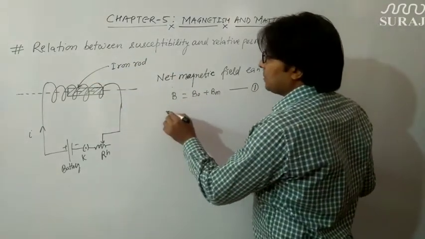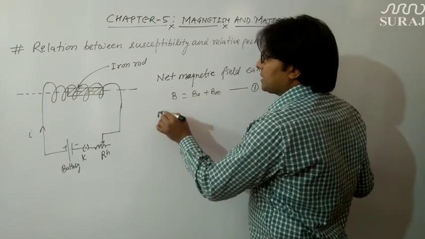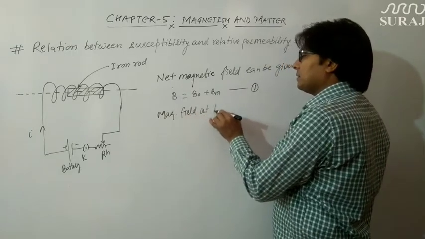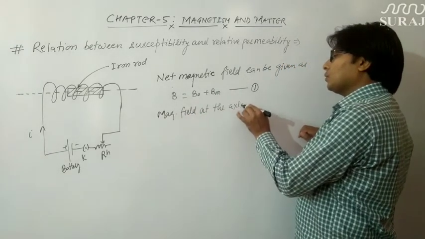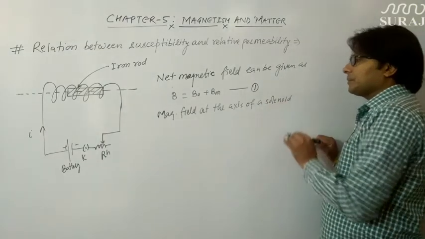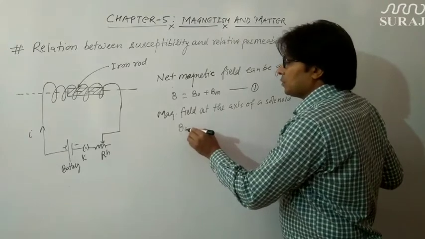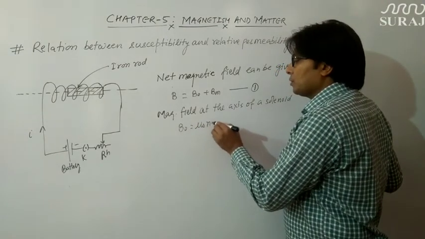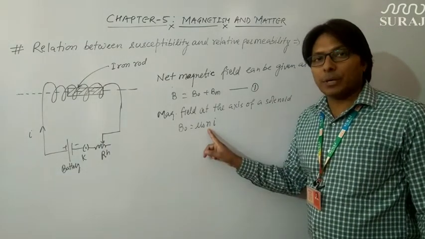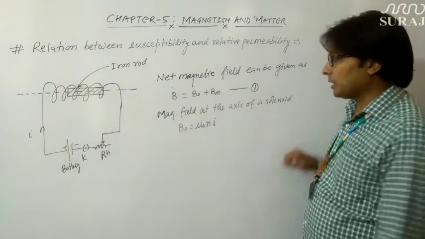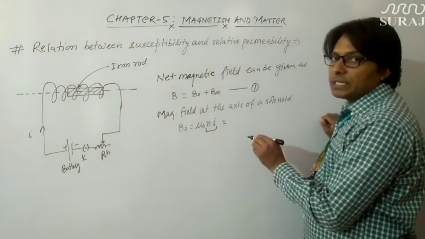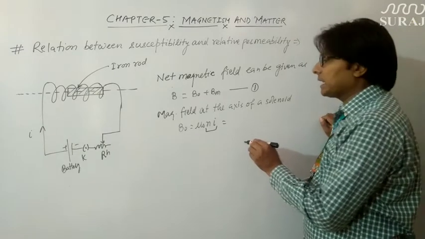Now this B0 can be easily written as the magnetic field at the axis of a solenoid. We have derived this formula in the last chapter, and it was B0 is equal to mu 0 n into I, where n is the number of turns per unit length of the solenoid, and this n into I can be written as H, the magnetic field intensity.